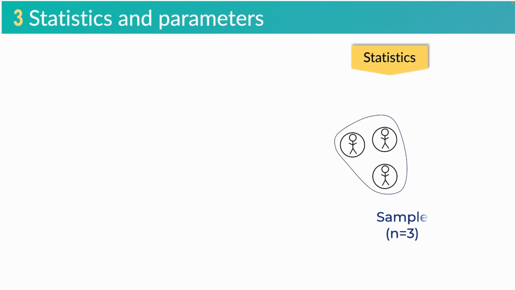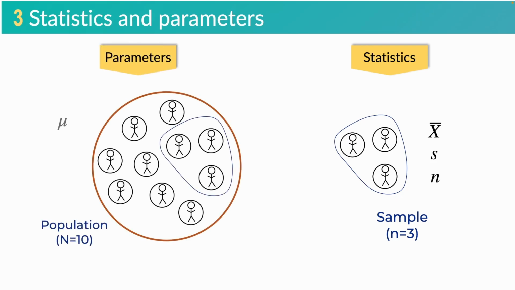Another pair of terminology you should know are statistics and parameters. Statistics are the measures of sample features such as mean, standard deviation, and sample size. Parameters are the measures to describe a population. Parameters of a population are also similar to the measures of statistics such as mean, standard deviation, and population size. However, the symbols for parameters are different from statistics.